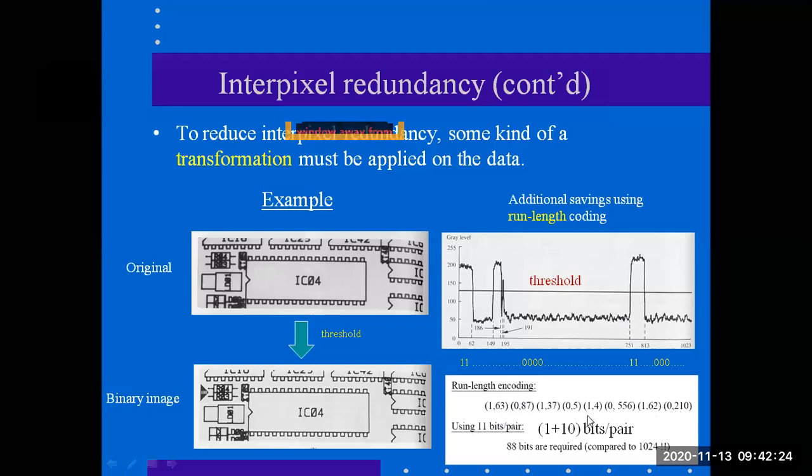If you use 11 bits per pair, for suppose this 1 comma 63 is a pair, the total bits are divided into 1 plus 10, that is, the first bit is a single digit in all the pairs. So with 1 plus 10, that is 11 bits per pair, we require 88 bits compared to 1024. So instead of 1024, we require only 88 bits for the image.